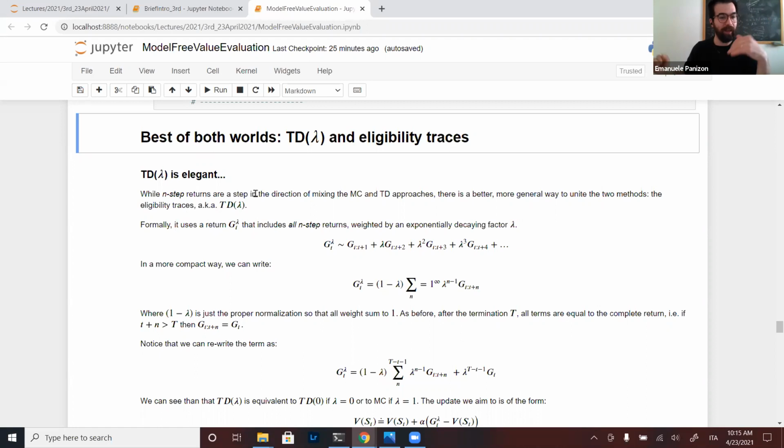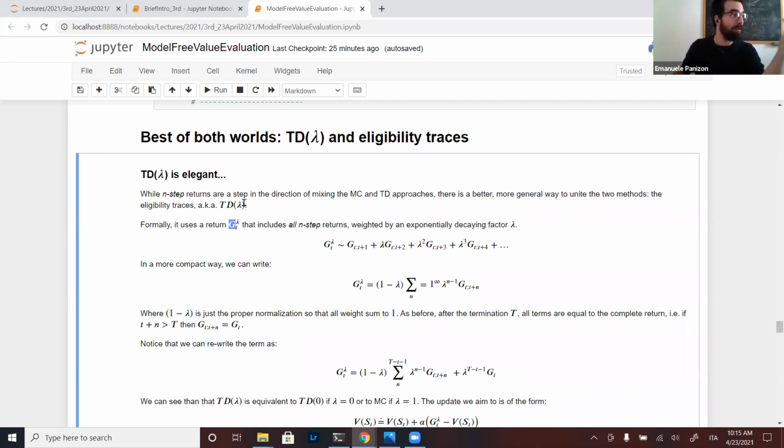What it does, again, is define a return, which is called the G_t lambda, the lambda return, which includes all the returns we've seen so far. So G_t lambda takes G_t:t+1, which is the one-step temporal difference return, the return we have defined as the instantaneous reward plus a value for the next step, with weight 1 minus lambda.